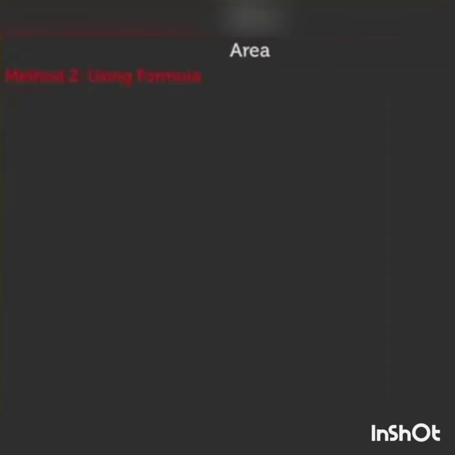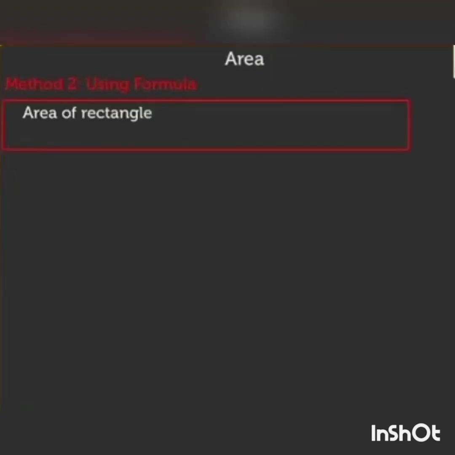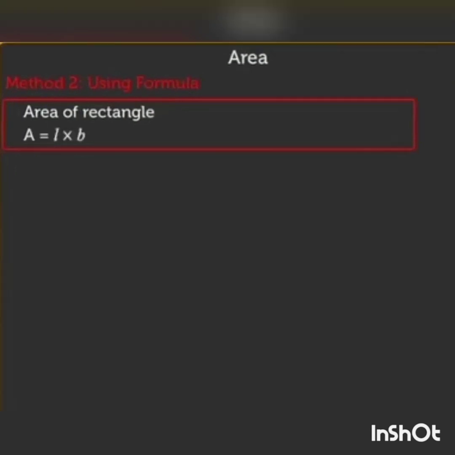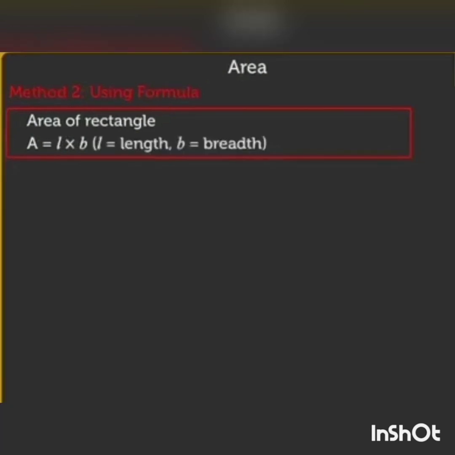Now let's see how to find the area using formula. The area of a rectangle can be calculated using the formula A equal to L into B, where A is the area, L is the length, and B is the breadth of the rectangle.